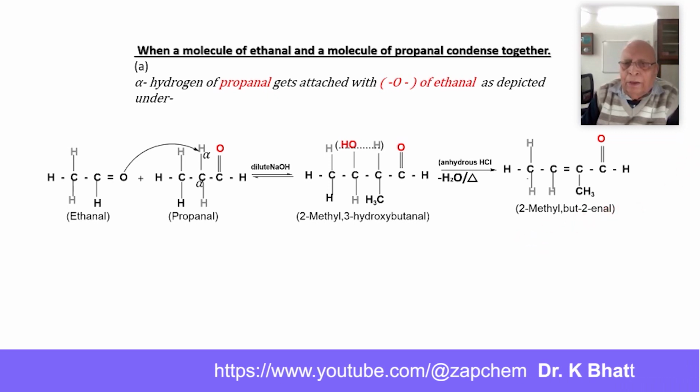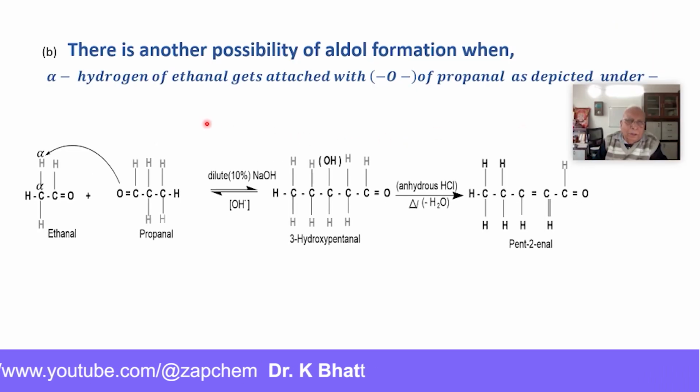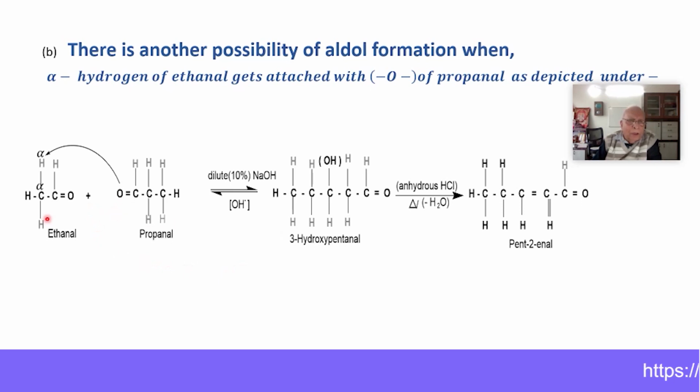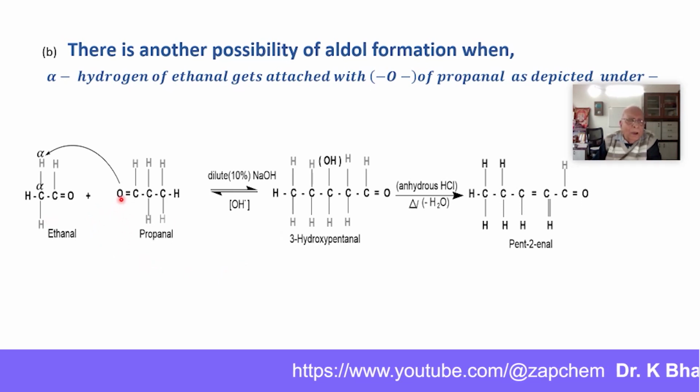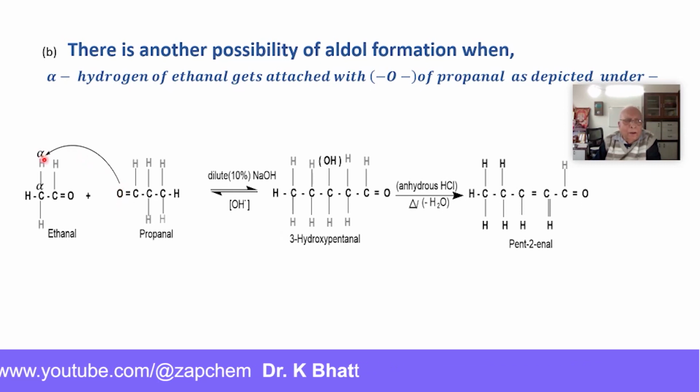The alkene is 2-methyl-but-2-enol. Now there is another possibility of aldol formation when alpha hydrogen of ethanol gets attached with oxygen of the propanol. This is the other way. Propanol, the carbonyl group oxygen, acts as a nucleophile and gets bonded or attached with alpha hydrogen of ethanol.